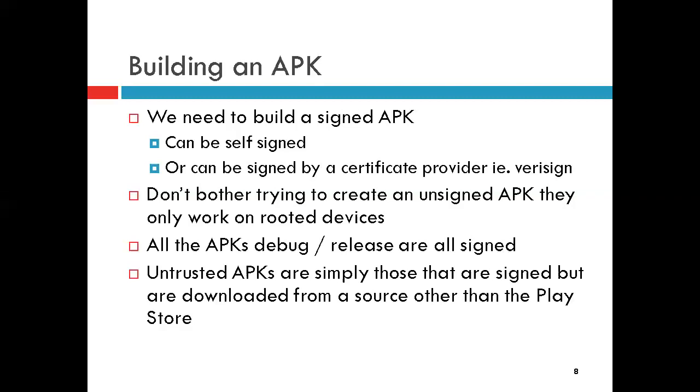Of course, when you copy it over to your device, you have to change the security settings on your phone or tablet to get it working, because normally your phone is going to be sandboxed so that it's only going to work with APKs that have been uploaded to the Play Store, not uploaded directly to the device. So if you do run your APK directly, you might notice some errors.